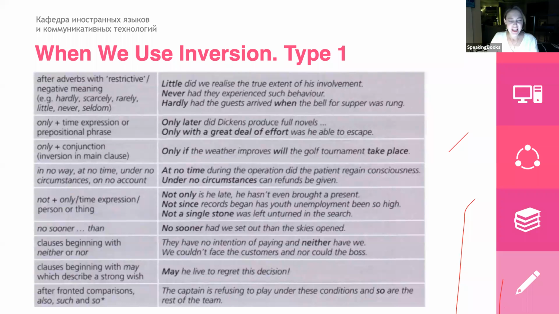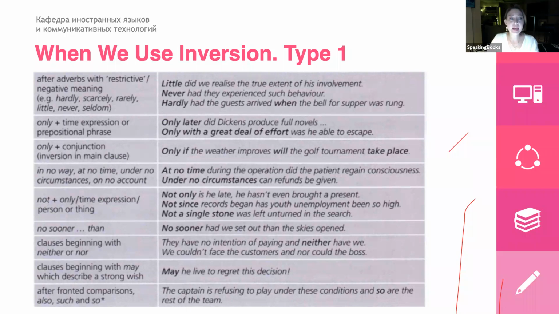All right. There is a little bit of grammar here. You don't need to study it thoroughly, but you might want to pay attention to the phrases that call for inversion. For example, adverbs with negative meaning. Somebody today has already mentioned negative meaning today. You were absolutely right.